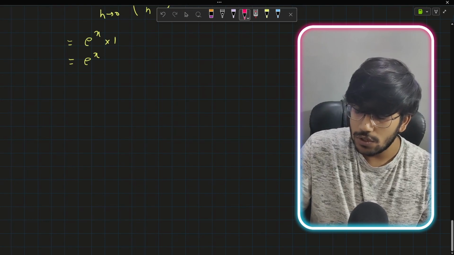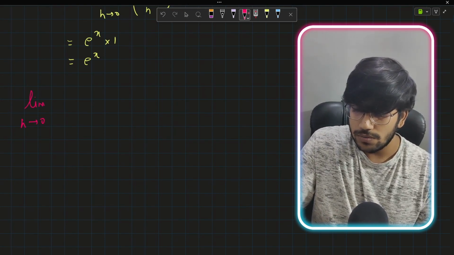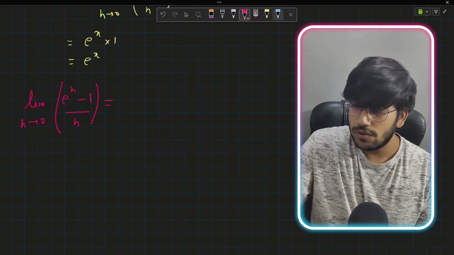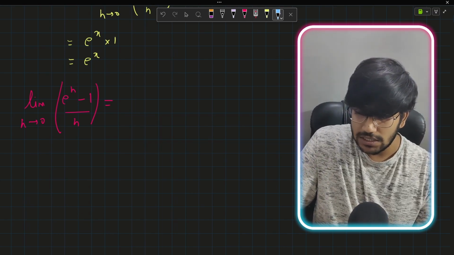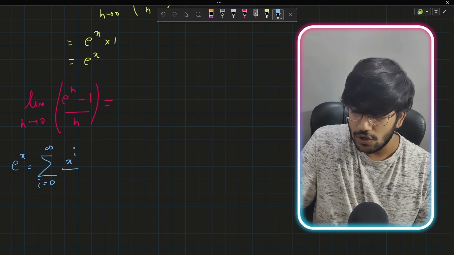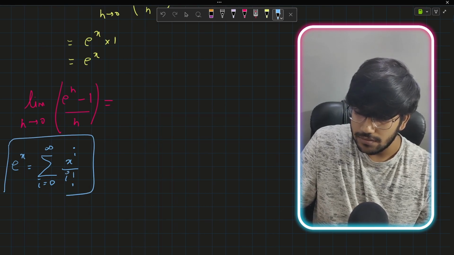Okay, so the question was limit h tends to 0, e to the power h minus 1 over h, right? So what we'll do is write the expansion of e. So that is e to the power x is equal to summation i equal to 0 to infinity x to the power i over i factorial. Fine.